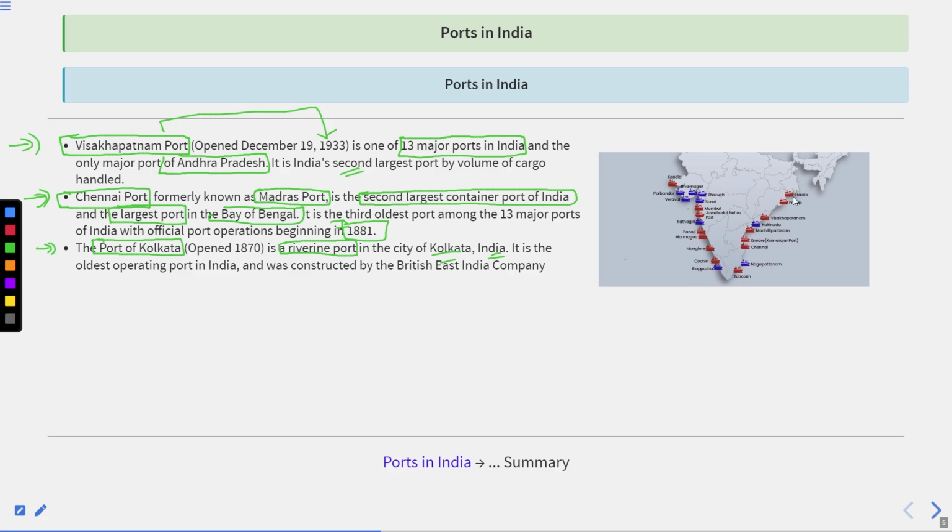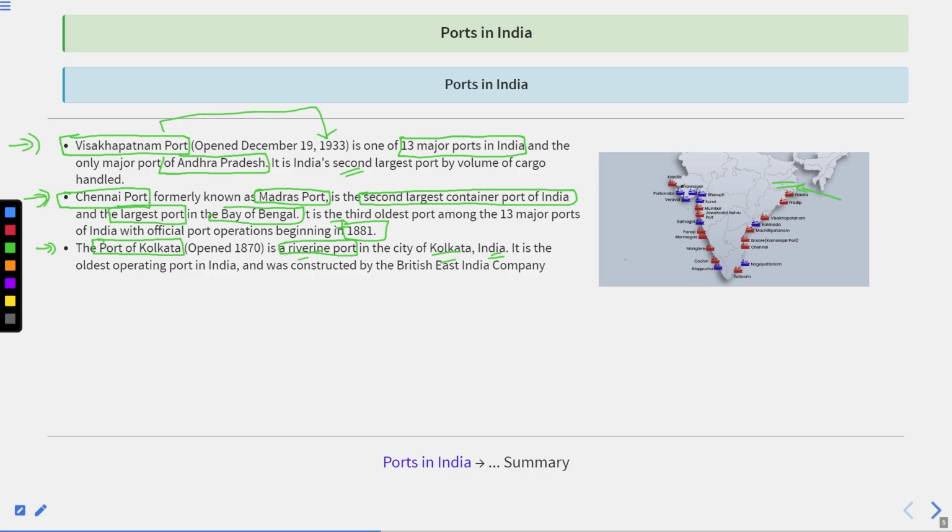But if you come to this point, you can notice the Kolkata or the Haldia port. Basically, this port does not have direct access to the sea. What do we mean by this? Basically, if any ship is coming to this Kolkata port, then it has to cross the river called Hooghly River. The Hooghly River is a link between the Kolkata port and the Bay of Bengal.